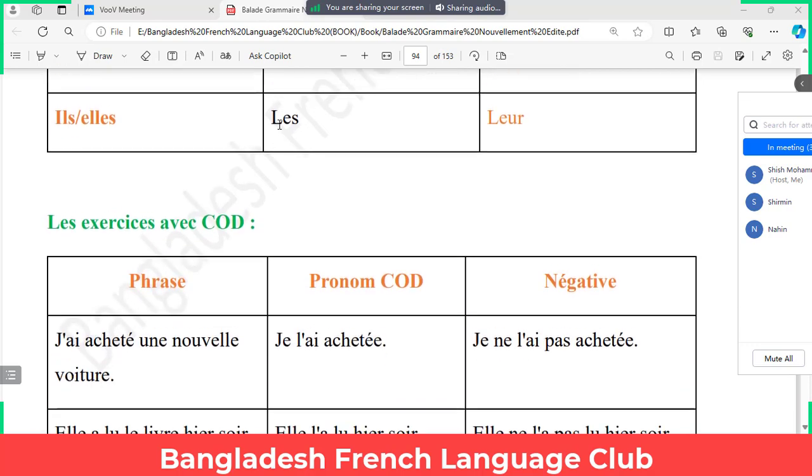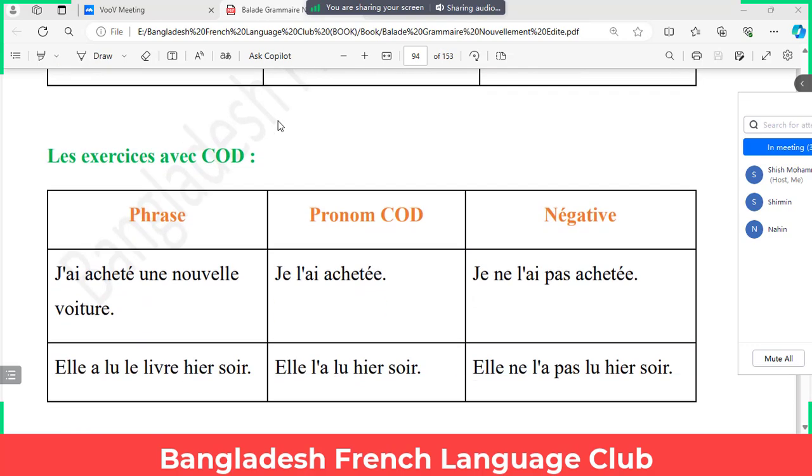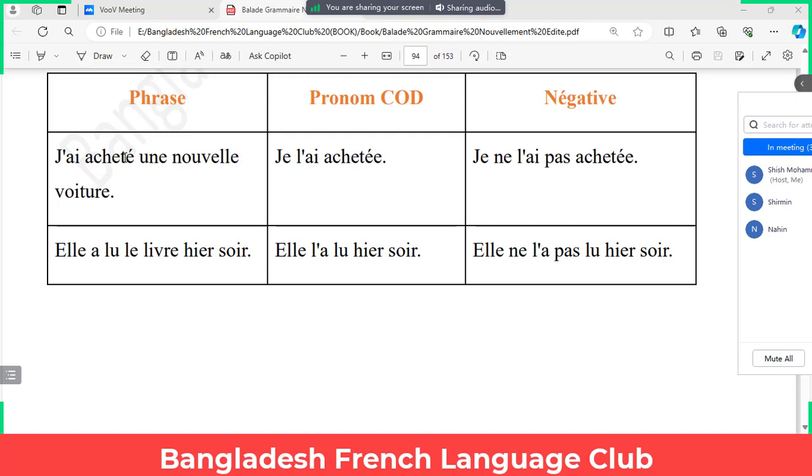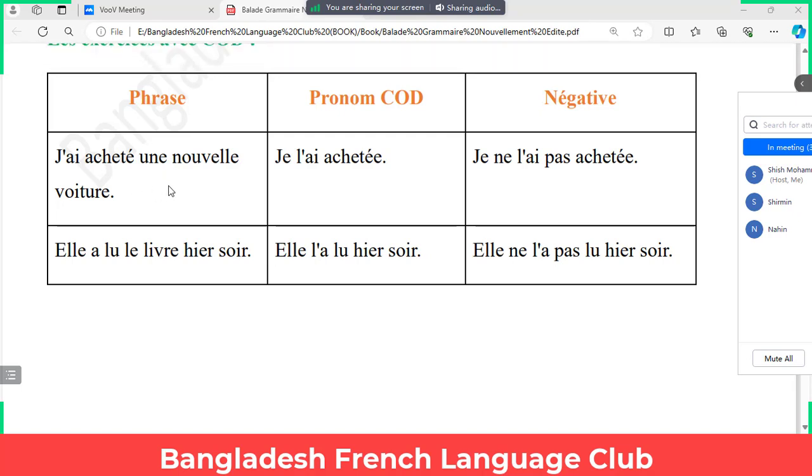Okay, so let's see the example. Here, les exercices avec COD. This is the sentence: j'ai acheté une nouvelle voiture. So, I bought a new car. These COD, COI are used to avoid repetition.